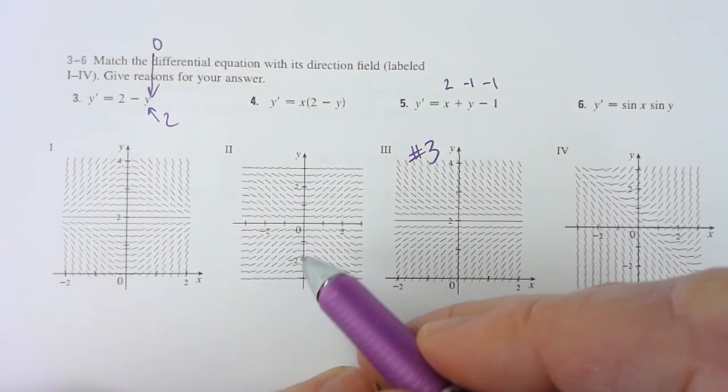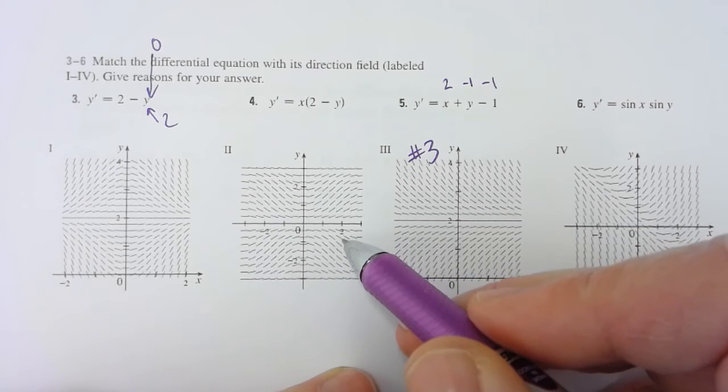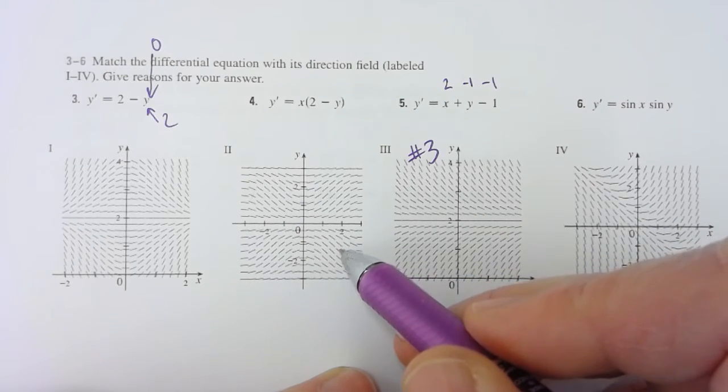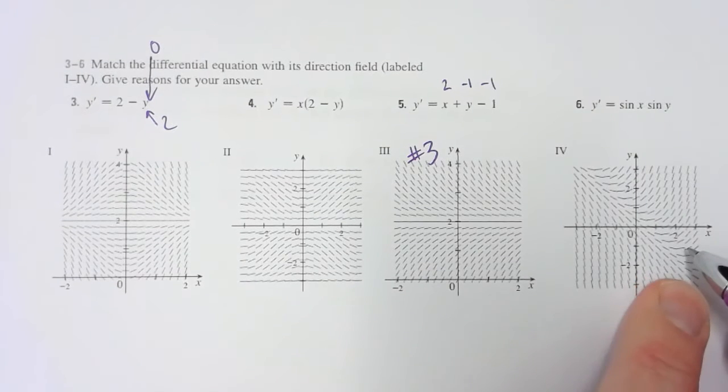So 2 minus 1 should be 0. So it seems like it's this one here.